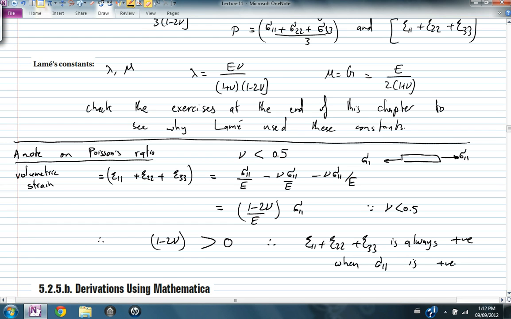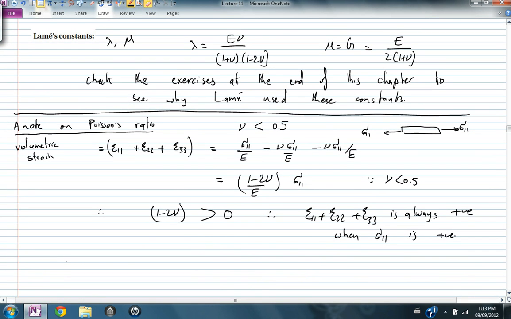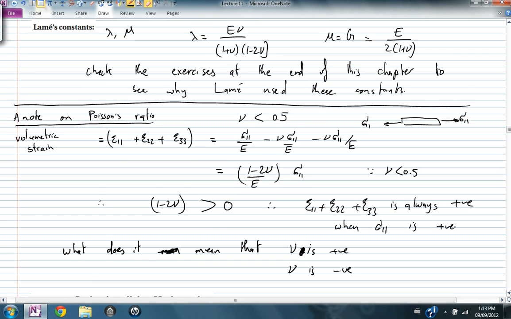Now, one of your assignment problems asks, what does it mean that Poisson's ratio is positive, and what does it mean that Poisson's ratio is negative?